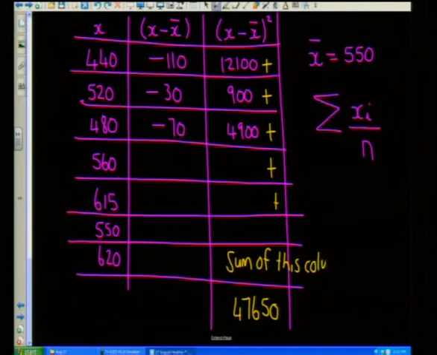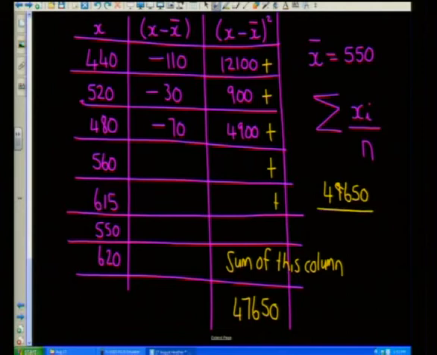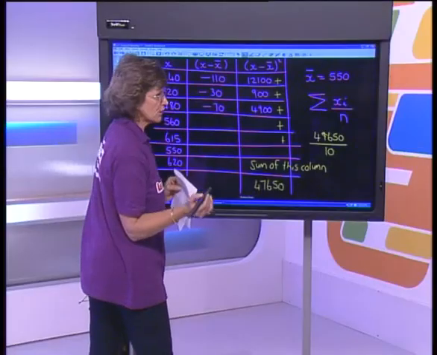Again, what we want to do is take that answer and, like we did for the mean, divide it by the number of things that we added together, and that came to 10. And that you can do on any calculator.